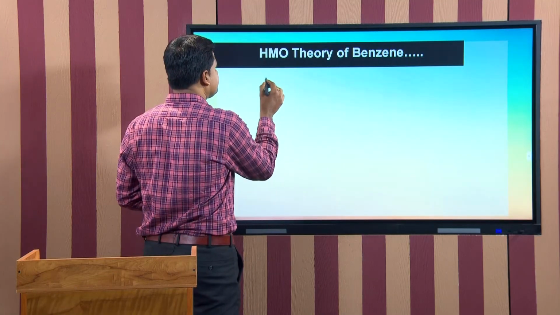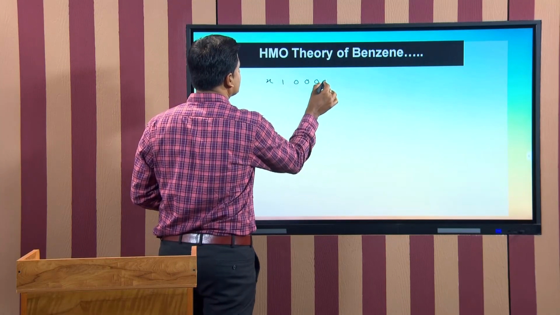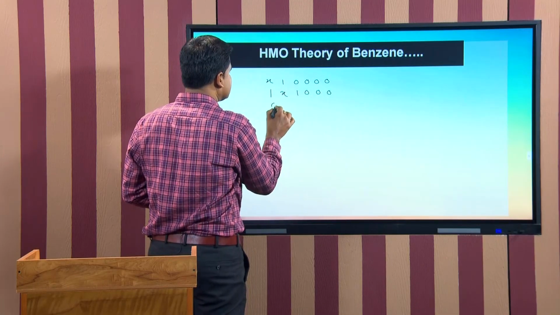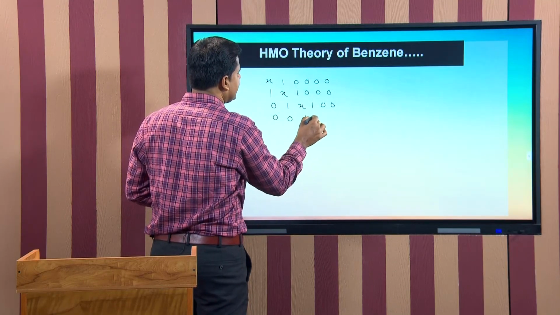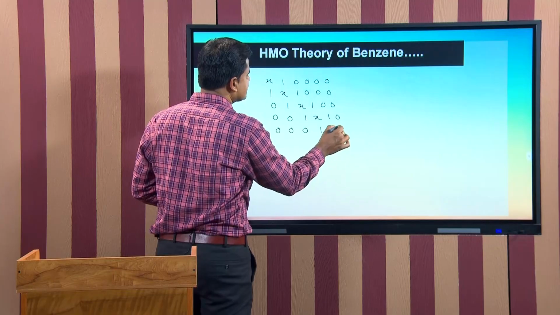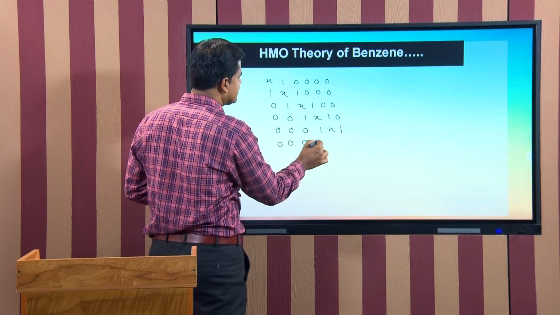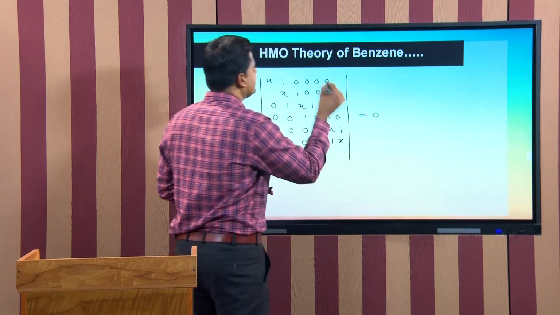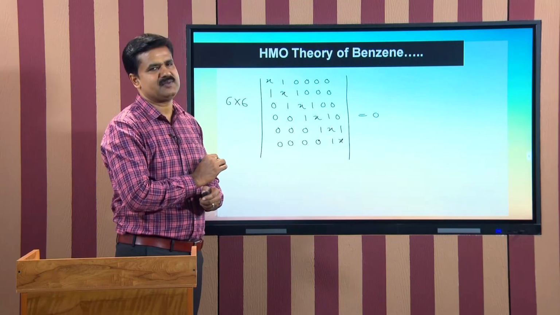For the 6 pi electron system, we get this expression: x 1 0 0 0 0, 1 x 1 0 0 0, 0 1 x 1 0 0, 0 0 1 x 1 0, 0 0 0 1 x 1, and finally 0 0 0 0 1 x. This must be equal to 0. This is the general form of the 6 by 6 secular determinant.